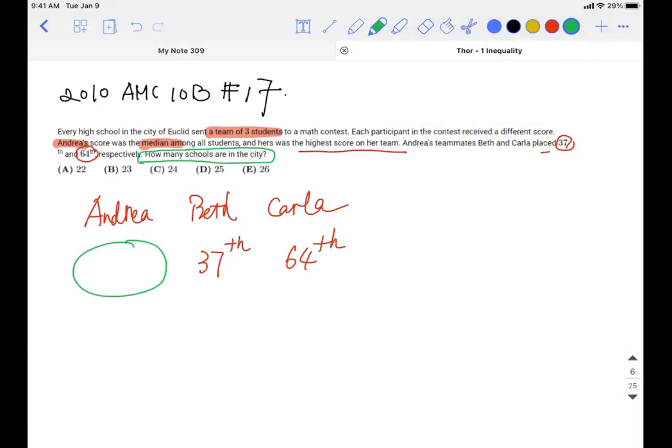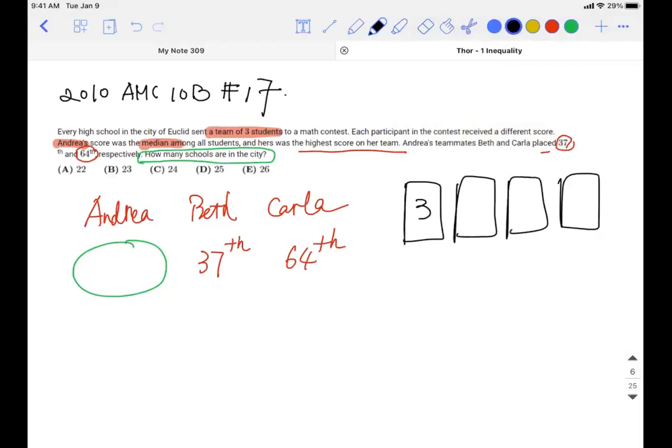So basically you have different schools, and each school sends 3 students. Altogether you're going to have a bunch of students, and everyone has a different score. There's no tie, so the ranking is very straightforward.